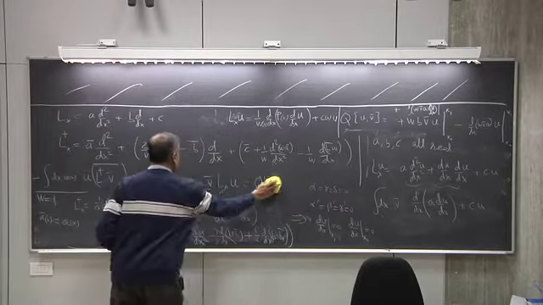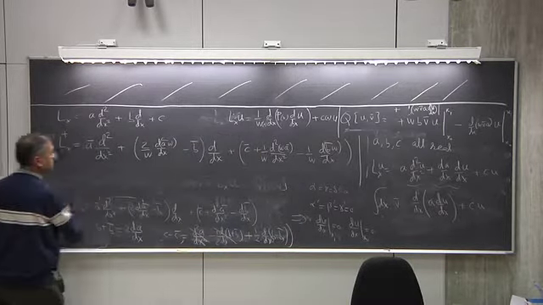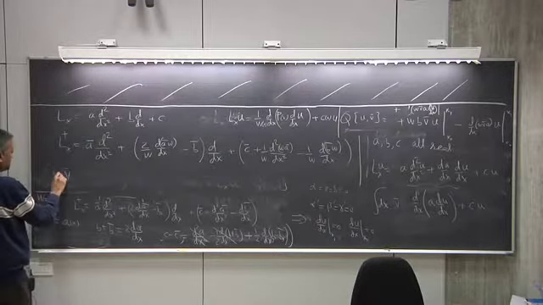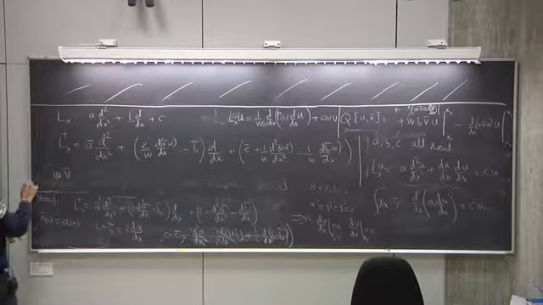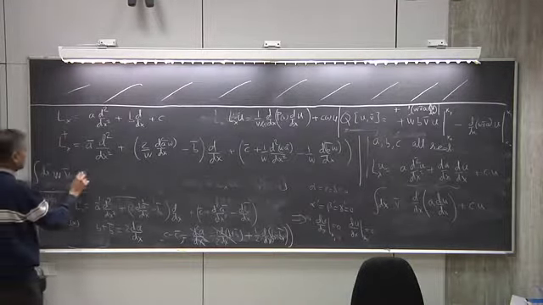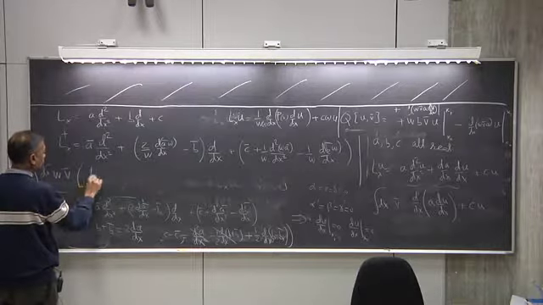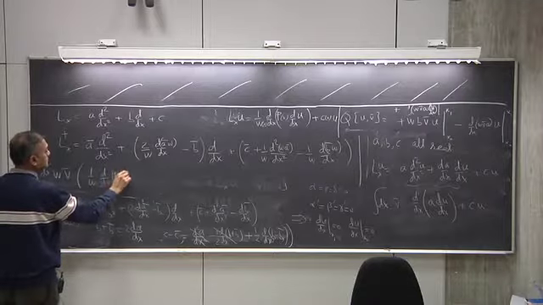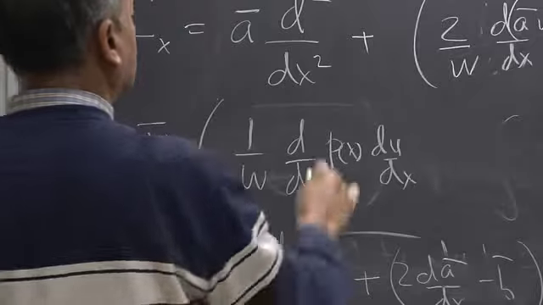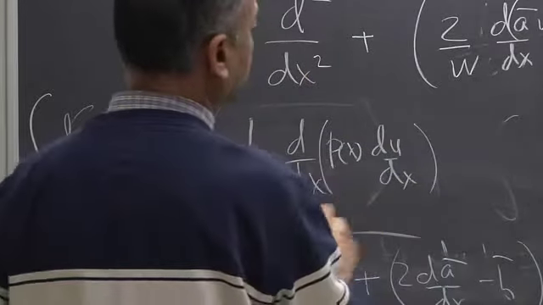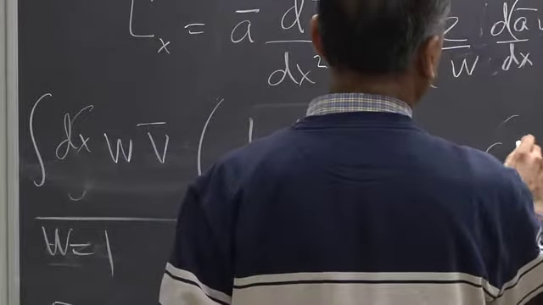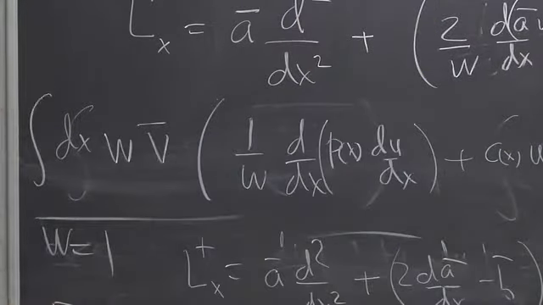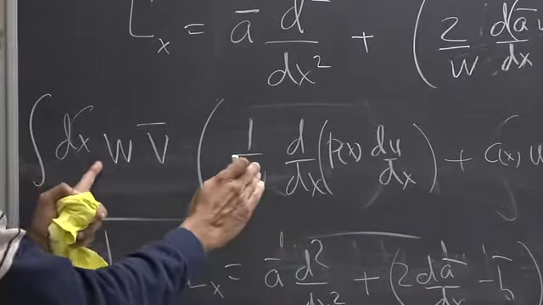For the same reason. Let me erase this here. If I take v bar times the weight function w dx, and here I have Lxu, which is 1 over w d by dx p of x du by dx, this is acting on everything, plus c of x u of x. Now let me multiply the w inside.